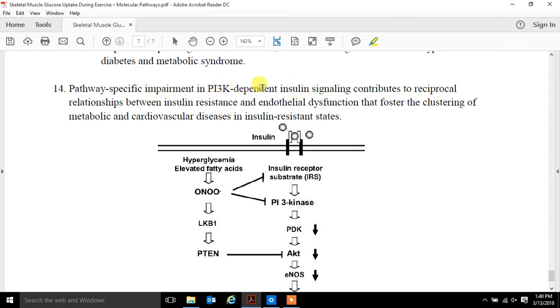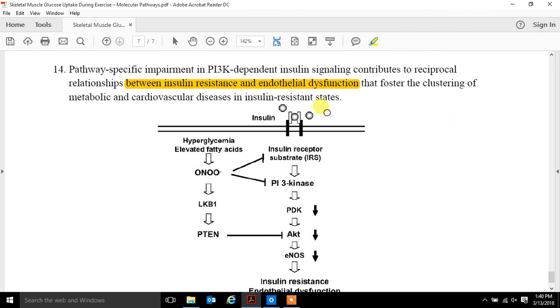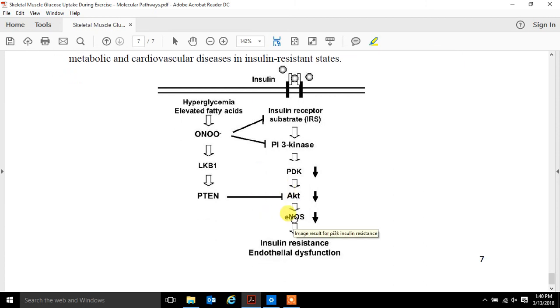We start seeing reciprocal relationships between insulin resistance and endothelial dysfunction. So here's our insulin receptor, alpha and beta subunits, our IRS docking. Here's our PI3 kinase. We talk about it going down through AKT. Decreased eNOS, decreased insulin, that's going to promote insulin resistance and endothelial dysfunction, all through the same molecular pathway.